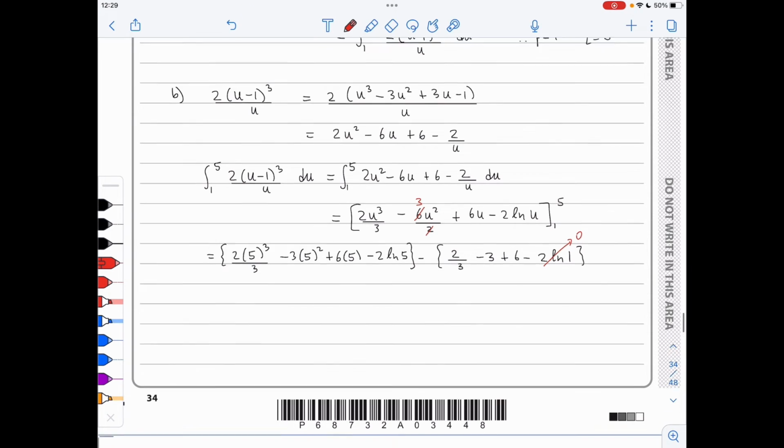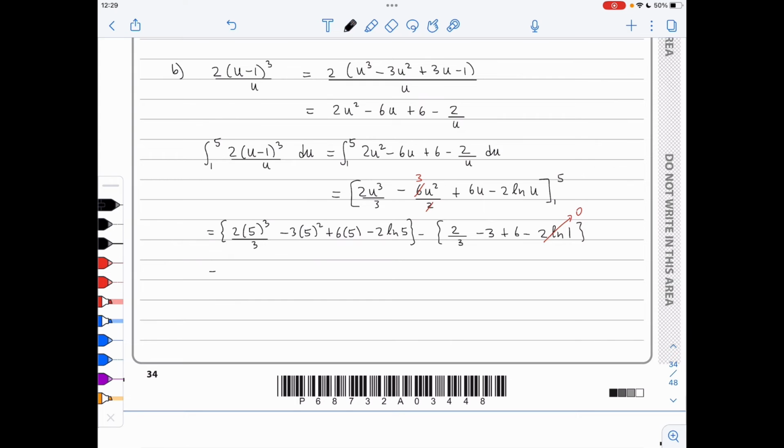So if I simplify everything, I get 250/3 - 75 + 30 - 2 ln 5 - 2/3 + 3 - 6, which leads to 104/3 - 2 ln 5, which matches the form given.